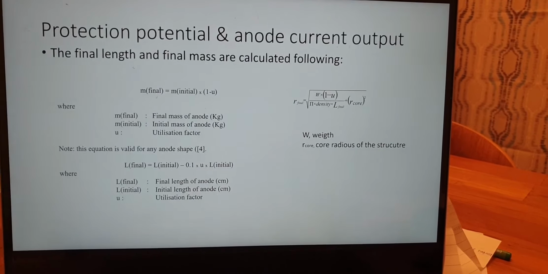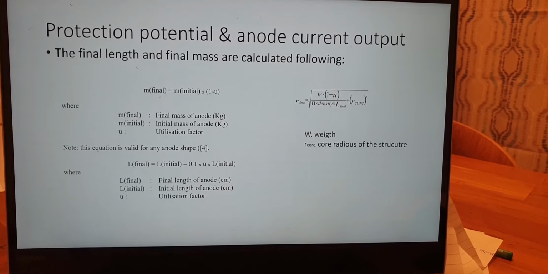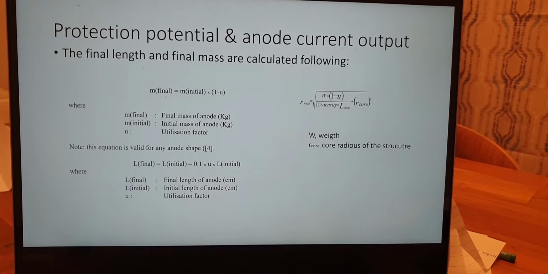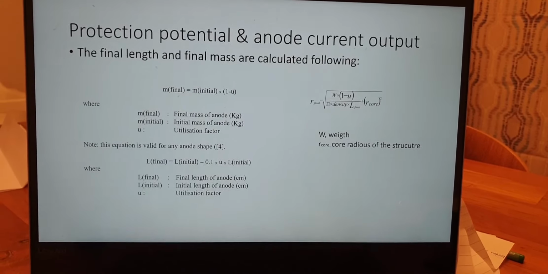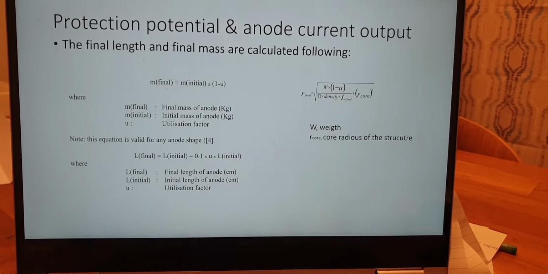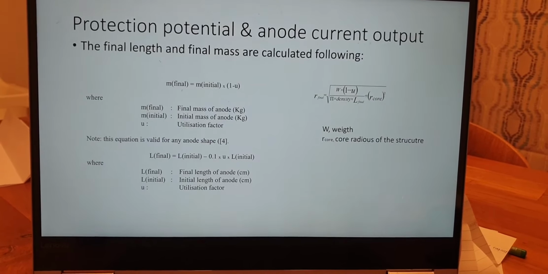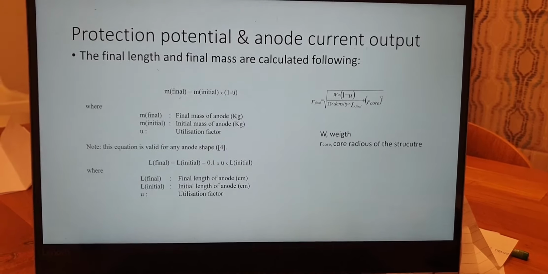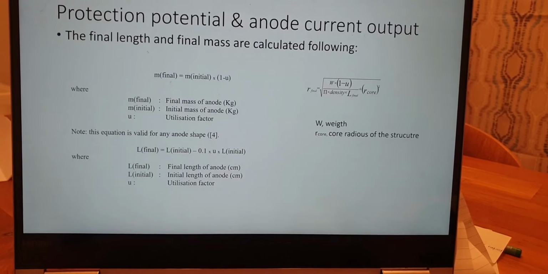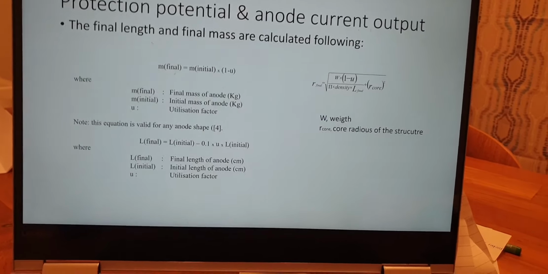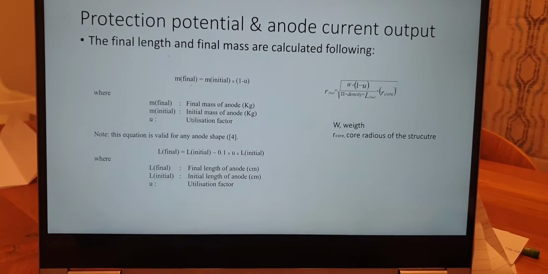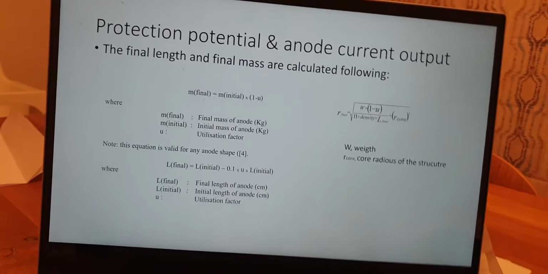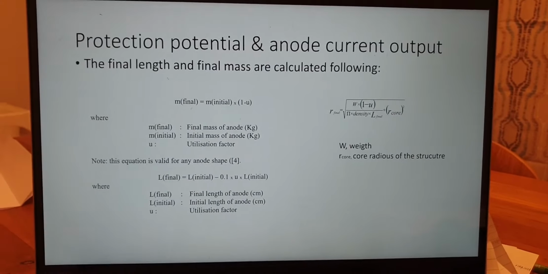However, the Dwight equation is basically calculating the output current after the anode reaches a certain service, which is this utilization factor, usually 0.85. So the anode is never reaching 100% over the entire life of the anode. We will utilize this to calculate the Dwight equation and to design the system.